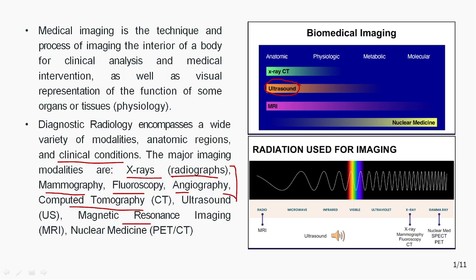These three take images of anatomic regions, but in some cases ultrasound can also record physiological activity. Similarly, MRI includes anatomic activity, physiological activity and also some metabolic activities.